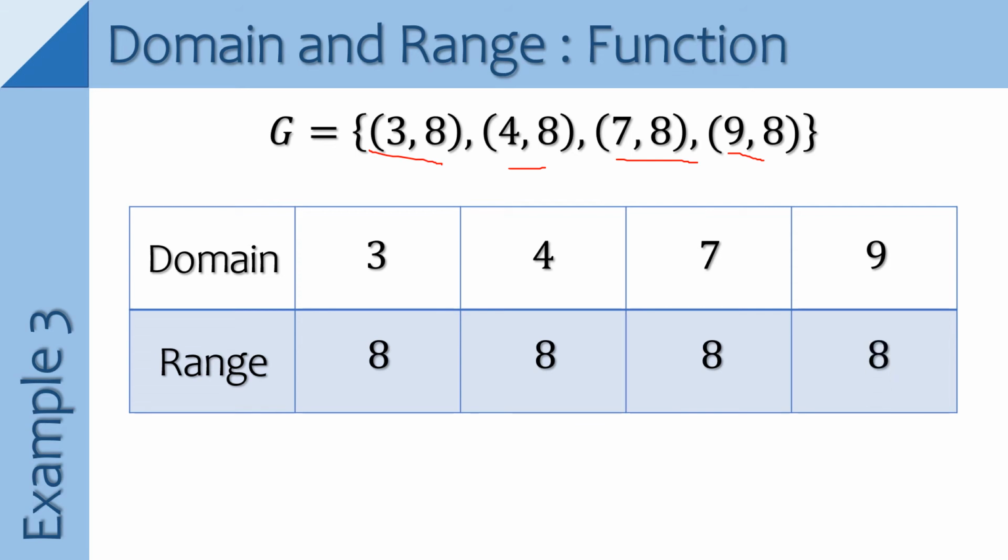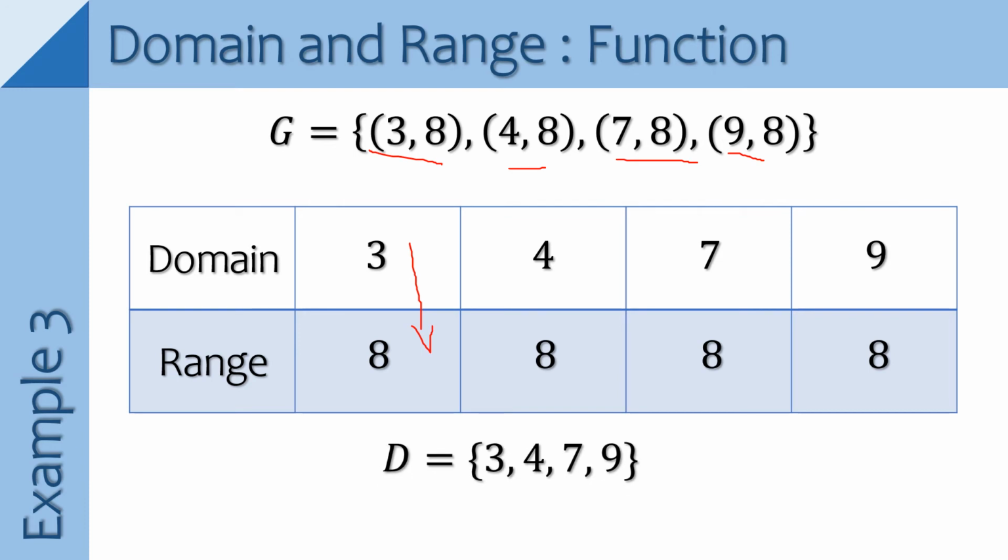Okay, so as you can see, as you notice, these are functions because there's only one output, which is the range. Okay, so the inputs are the domains, and then the outputs are the range.